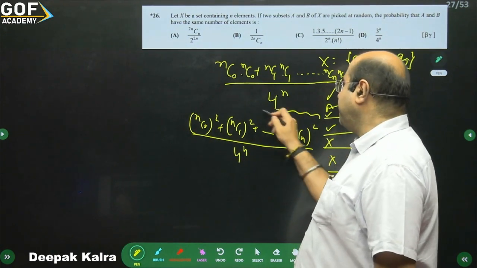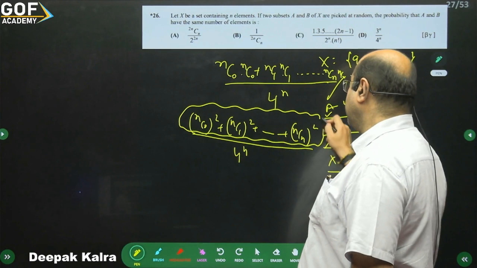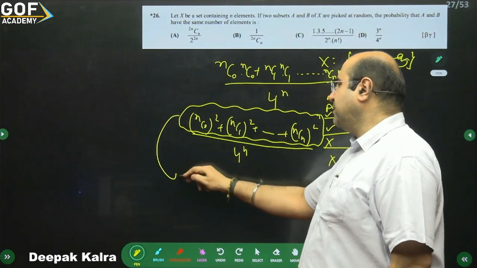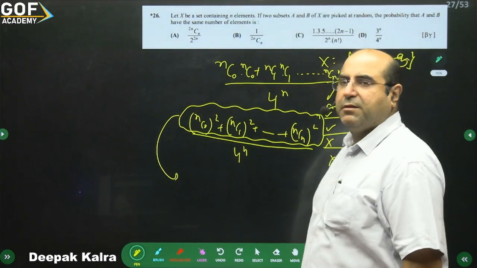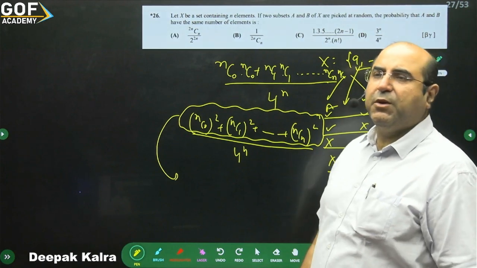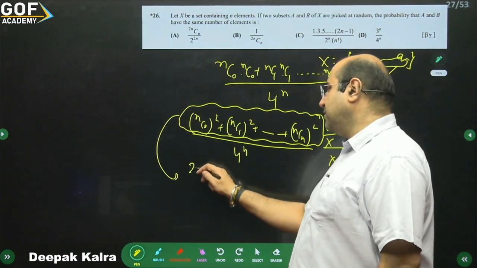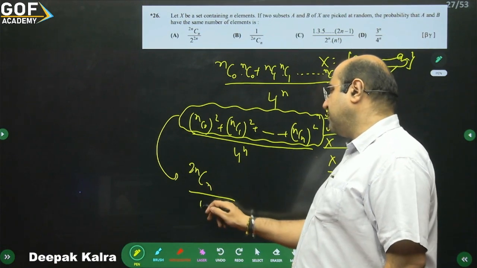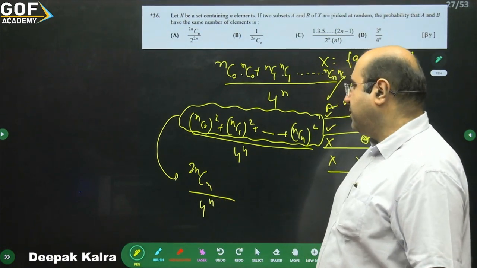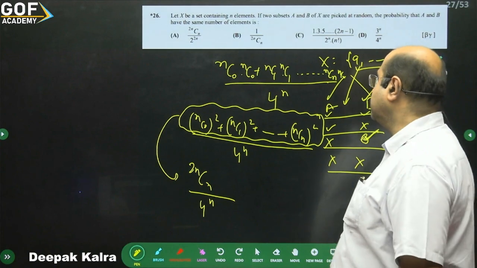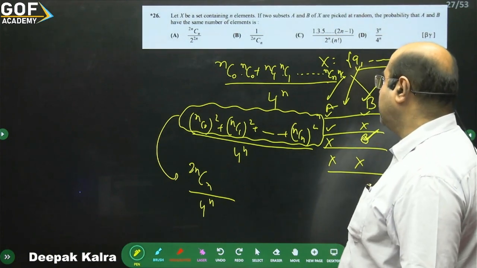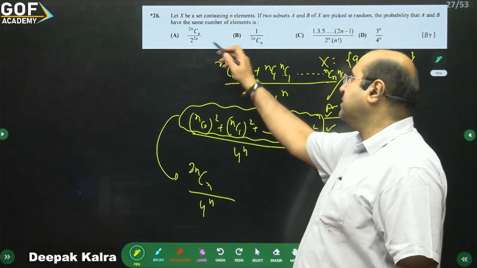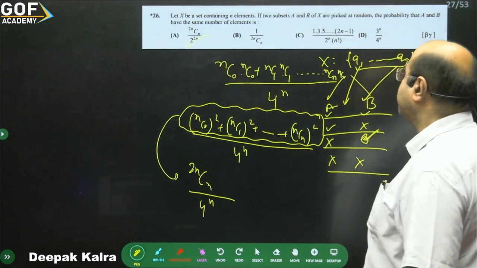So this, whatever we have written now, this one has one formula of binomial coefficient, if you know, 2n Cn. You know this formula? So this is the answer, which is probable possibility.